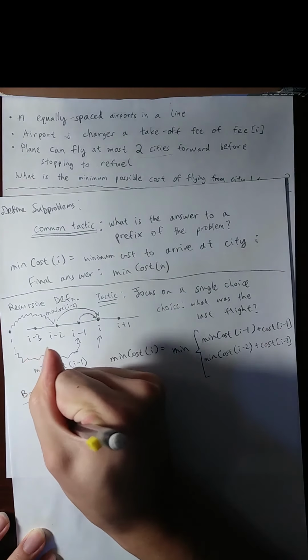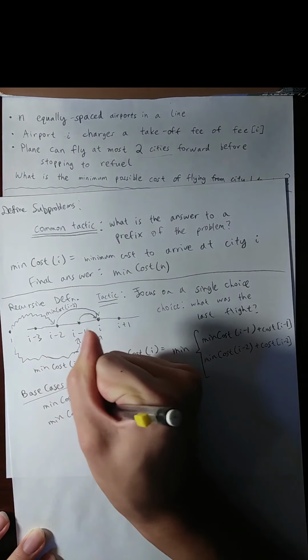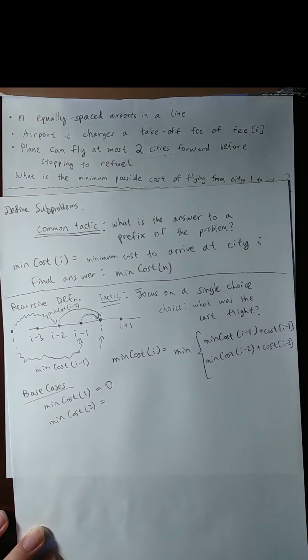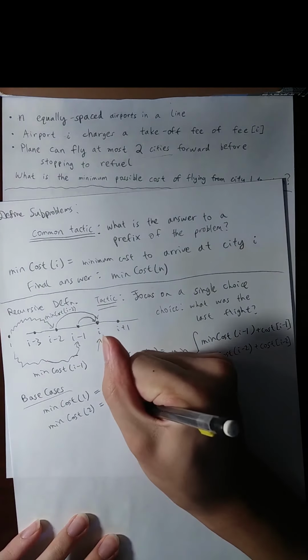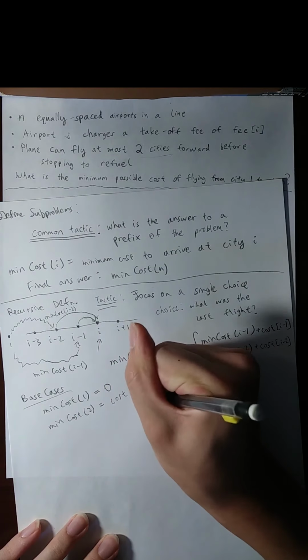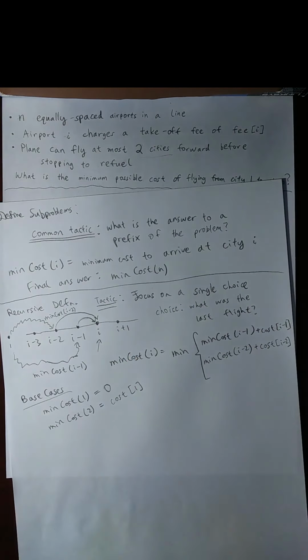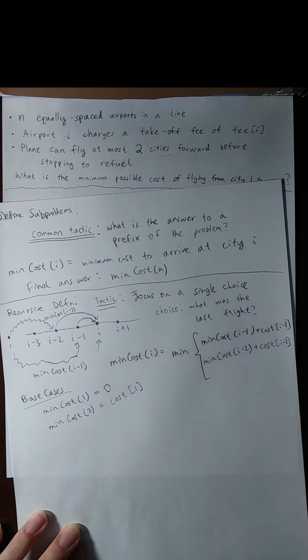And then min cost of 2. For min cost of 2, we don't have a choice of how to get to city 2. We have to fly from city 1 to city 2. And the cost of doing that is just taking off from city 1, so that will be cost 1. Then for 3 on upwards, we can just use this recursive formula to calculate the min cost of arriving at city 3, 4, 5, 6, 7, so on, all the way up to n.